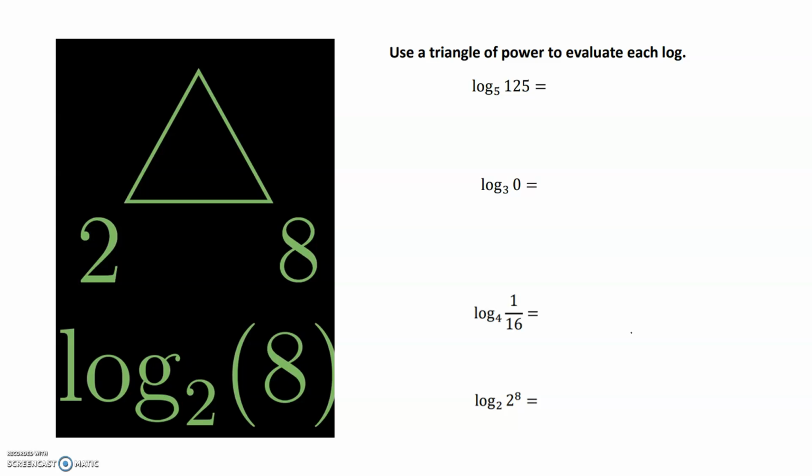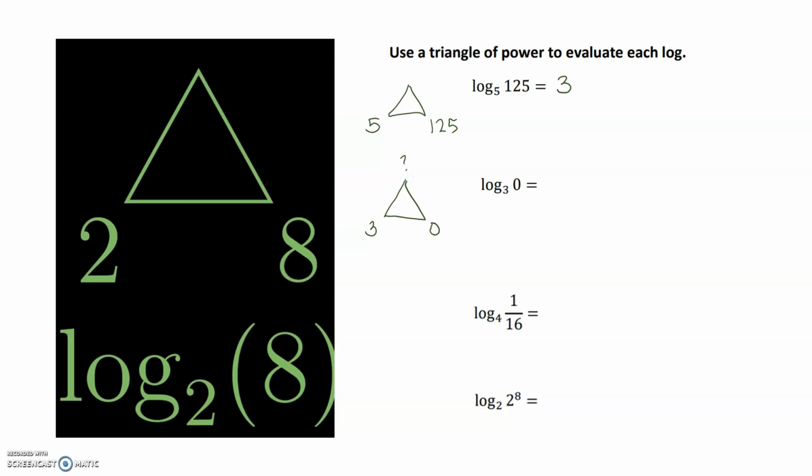All right. So I recommend using a triangle for these problems. If I want to evaluate a log, I would just sketch out a triangle and say, well, the base is 5, the answer is 125. I'm looking for the missing exponent, so that would be 3. For this one, the base is 3, the answer is 0, and I'm looking for the missing exponent.